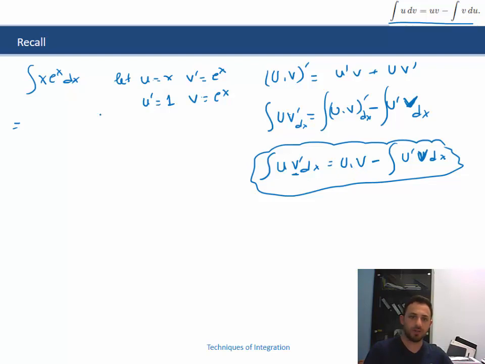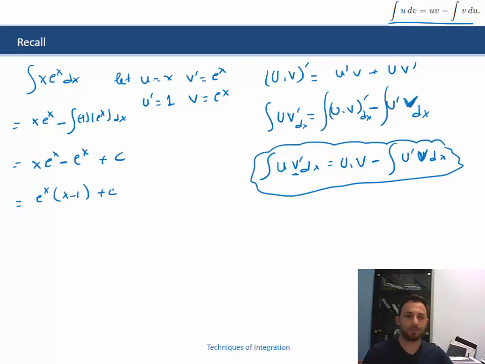It is u·v, x e^x, minus the integral of u'v, 1 times e^x dx. The integral of e^x is e^x. Then the result is x e^x minus e^x plus c, or e^x (x minus 1) plus c.